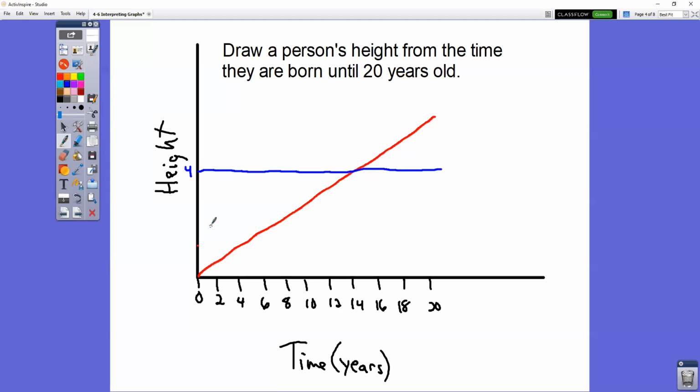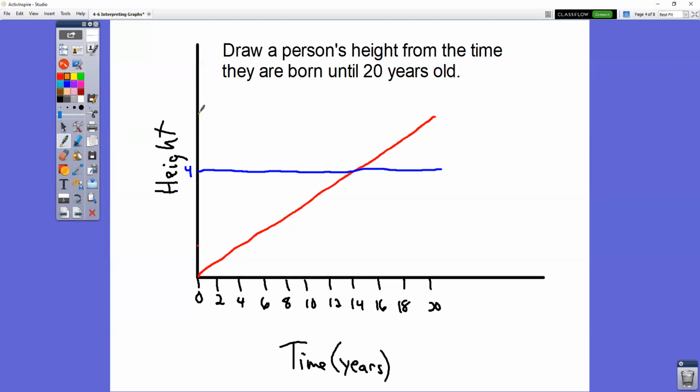That's silly. Without being graphic, think about a 4 foot tall person being born. Think about a 4 foot person coming out of the woman's body. That's a little scary. So obviously, this is my example of a graph, and that blue line would not make any sense.